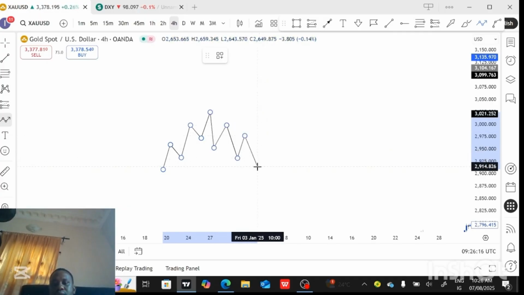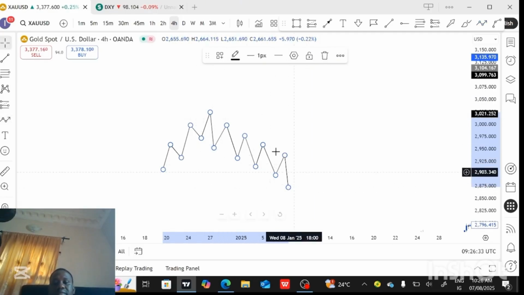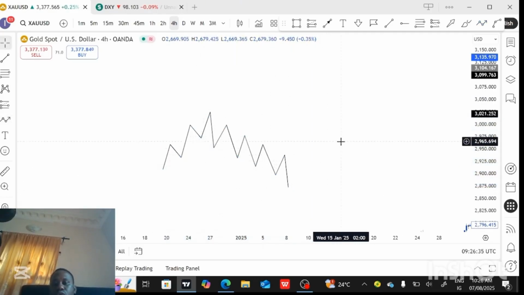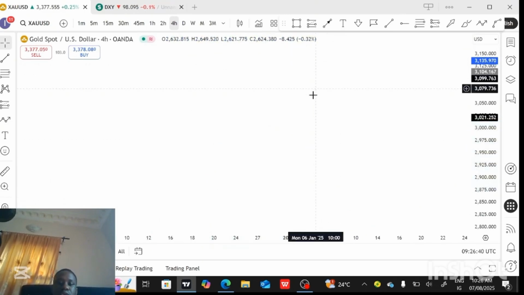So in our next class, I'll be showing you how to identify a valid market structure shift. I don't want this class to be too long, so that's why I'll not be putting out everything here. In the next class, I'll explain that in a better way, so you can follow up.